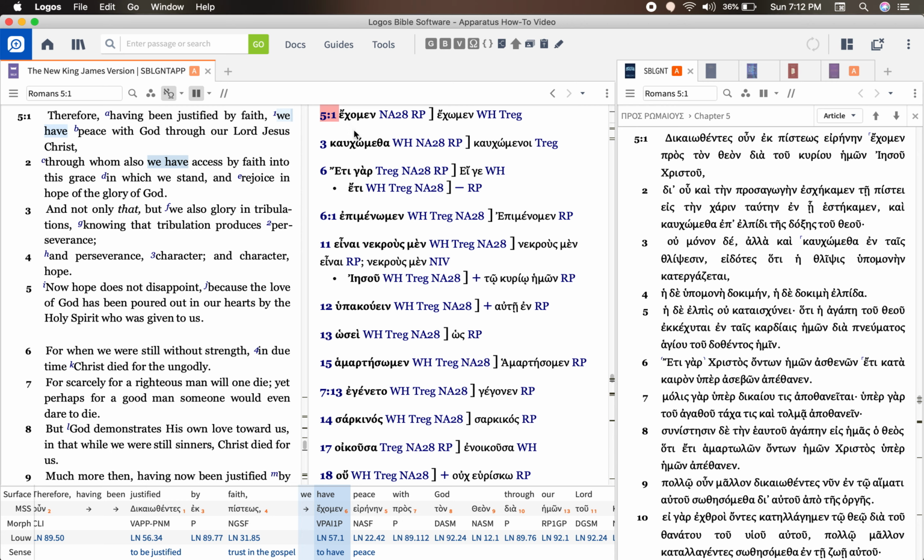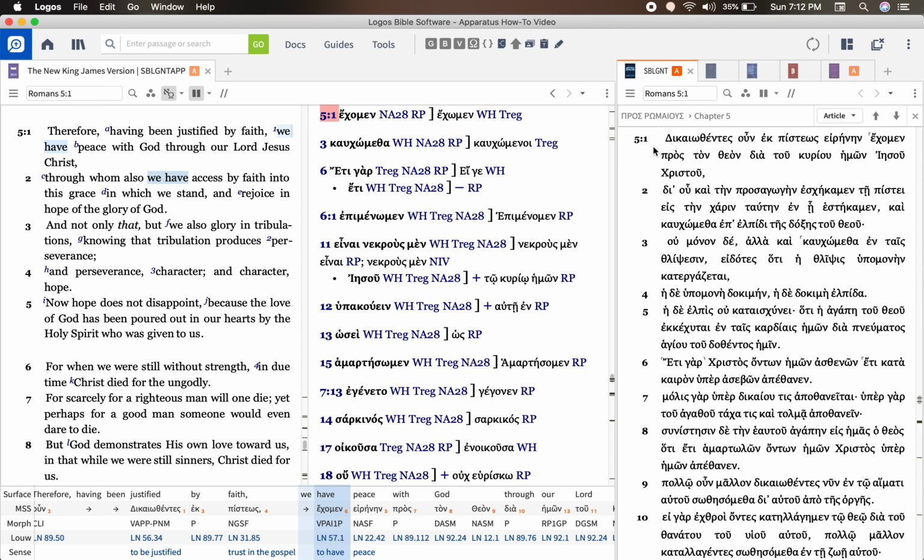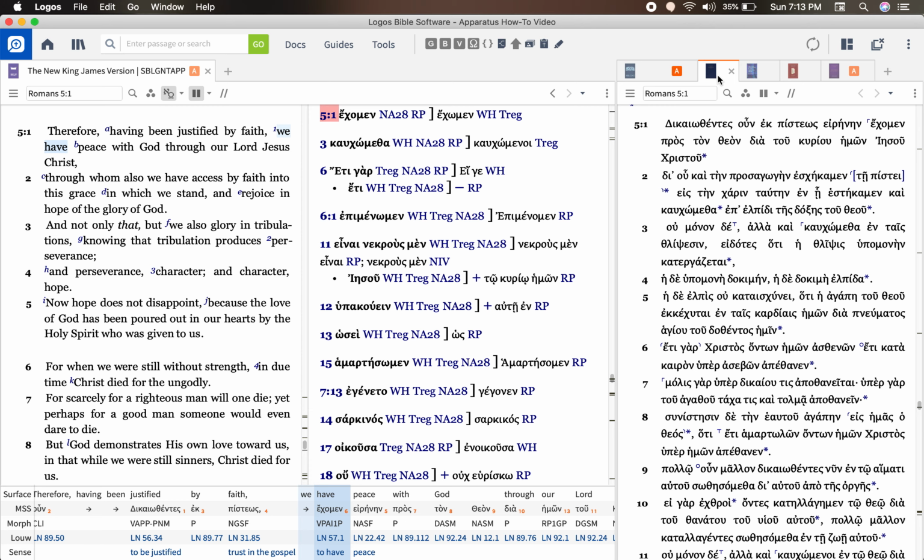So according to this apparatus, ekamen is what is in the SBLGNT, and if we look over here, we certainly see ekamen. Now, according to this, the NA28, the Nestle-Aland 28, and the Robinson-Pierpont both have this reading here, ekamen. So if we go to the NA28, which is this here, again, we see ekamen here, so we know that's correct.